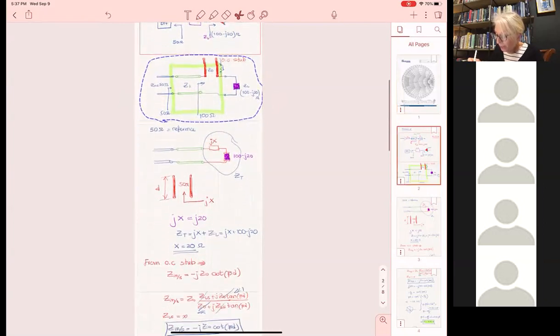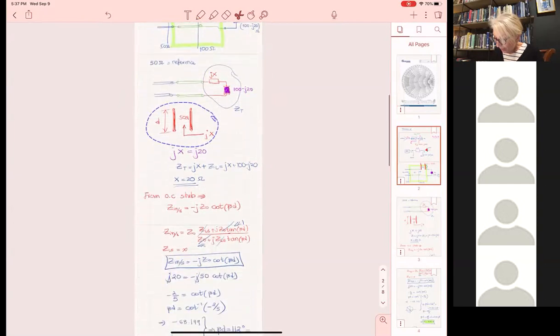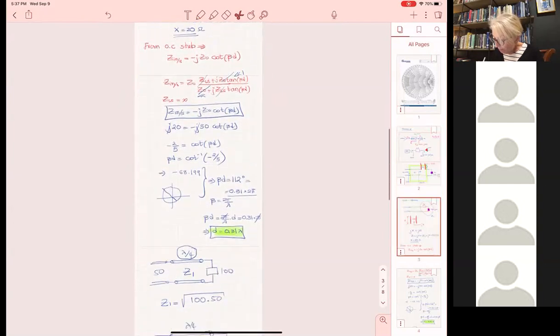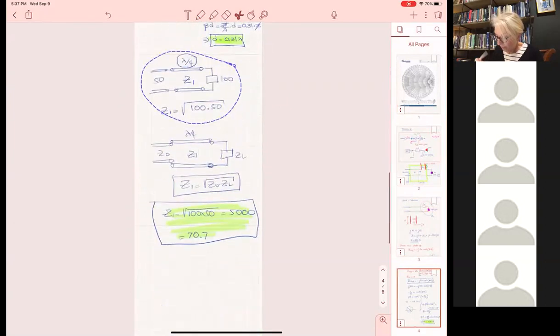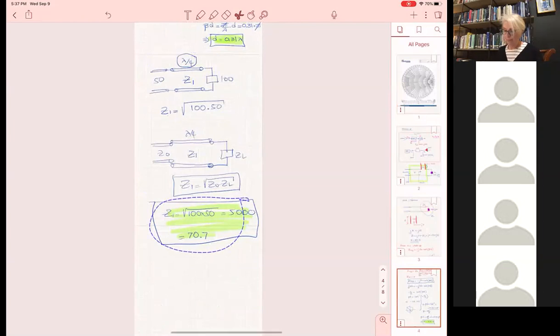And then after we decided how to move the matching network, then we designed the stub first. And then after the stub, we found its length. We designed the quarter wavelength line. And then we found its impedance. And that's how we solved the problem.